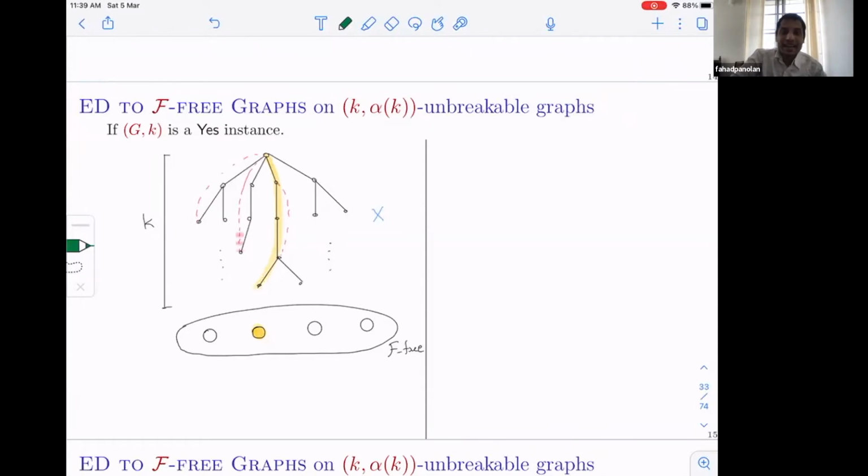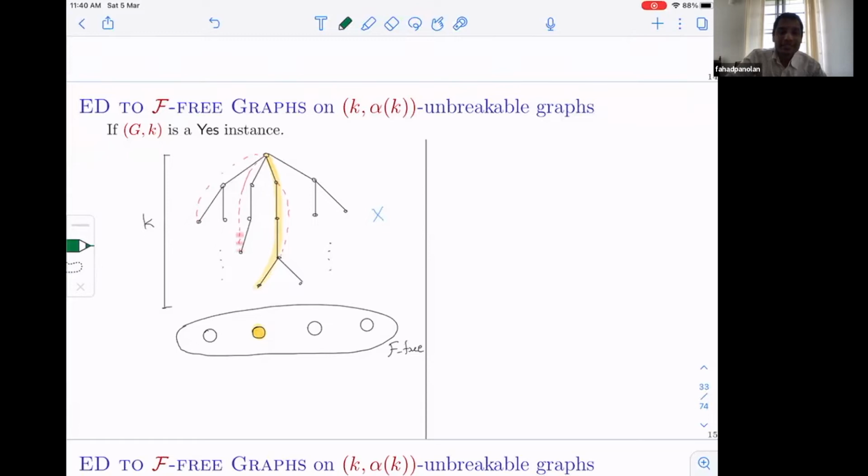Now look at a hypothetical solution: there is an elimination forest of depth at most k, and you will have lots of connected components after deleting this X, and each connected component is going to see only a leaf to root path, and all other edges will also be from leaf to root path kind of thing. This is what we know if this is a yes instance.